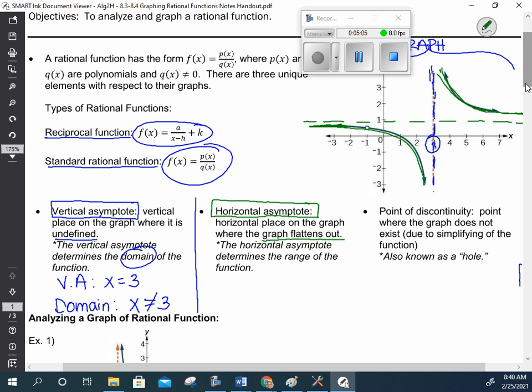Horizontal because it's going from left to right. Asymptote because the two curves don't touch that line. It looks like they flirt with that line, but they don't touch it. That's a horizontal asymptote. In this particular example, the horizontal asymptote is y equals 1.